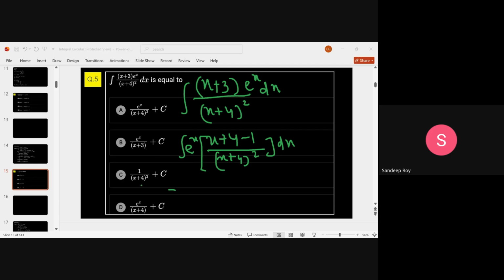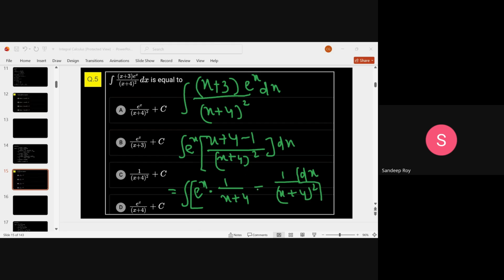Finally x plus 4 divided by x plus 4 whole square will get cancelled, so we'll be left with e to the power x into 1 upon x plus 4. This is the first part. Then minus 1 upon x plus 4 whole square, whole dx. So this is our integrand.